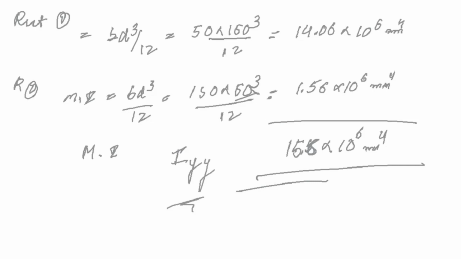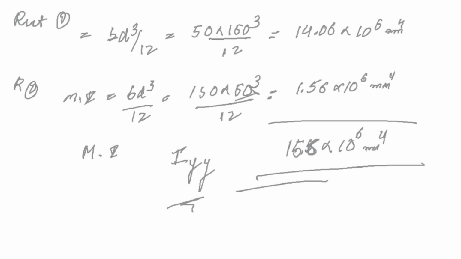Here we needed to calculate the moment of inertia about x-axis, and knowing that it is symmetrical about y-axis, we simply calculated the moment of inertia about y-axis by bd cube by 12, which was the moment of inertia about the centroidal axis.